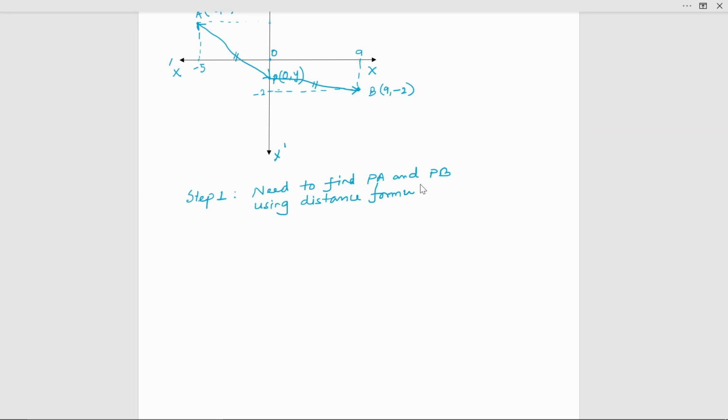And what is my distance formula? To recall, the distance formula is given by root over of x2 minus x1 square plus y2 minus y1 square.